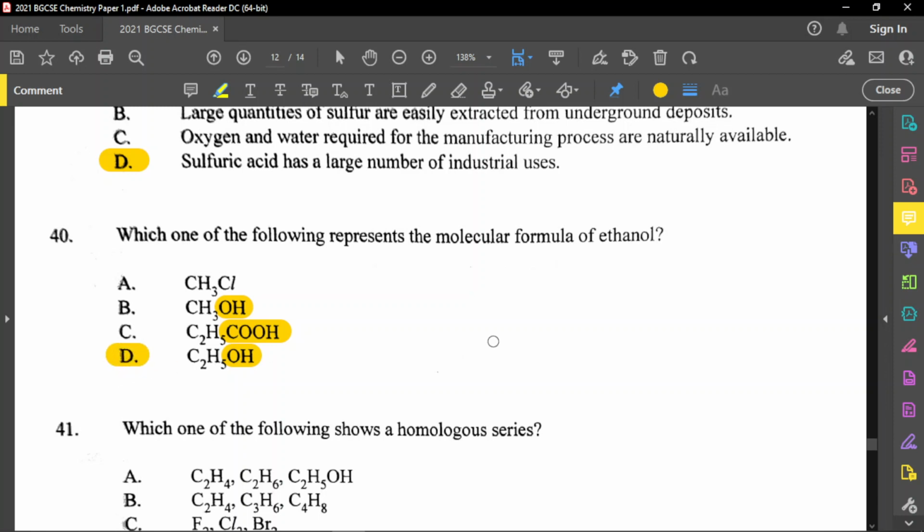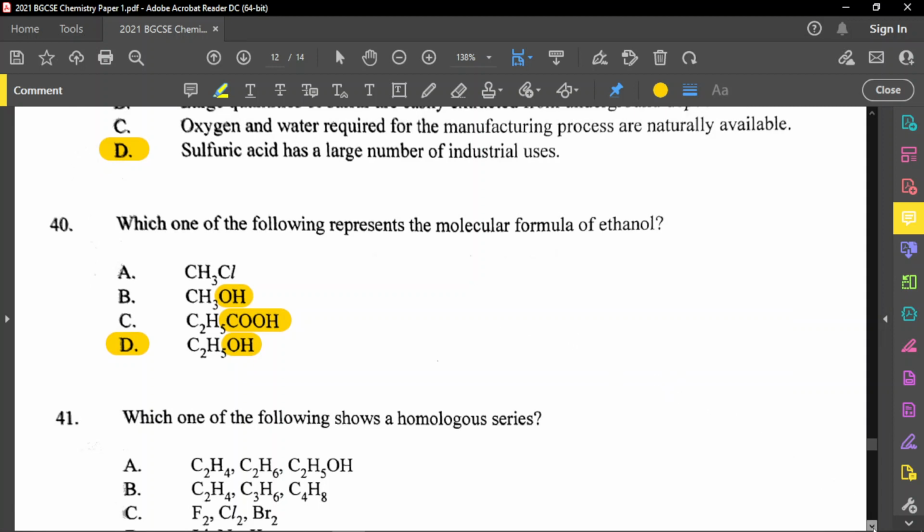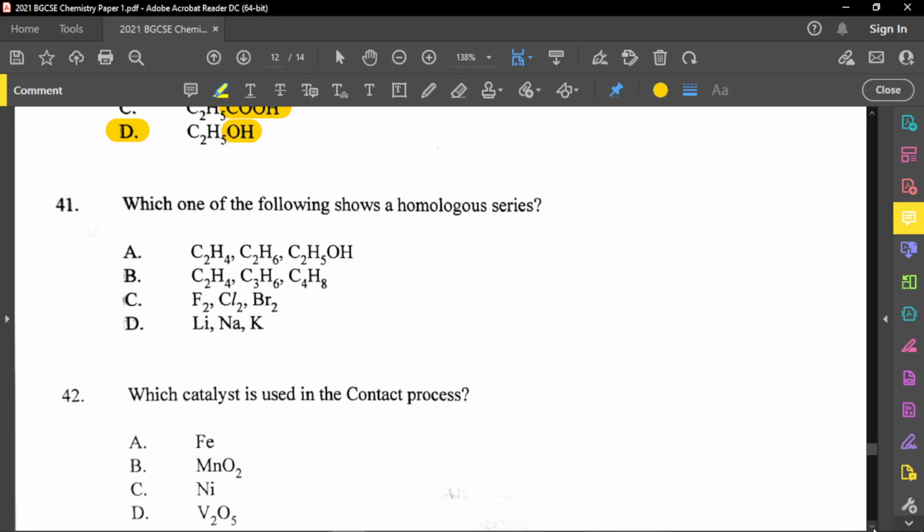All right. 41, and we're almost there. So which one of the following shows a homologous series? And a homologous series is a group of compounds that vary from each other by a set number of atoms or a set ratio of atoms, right?